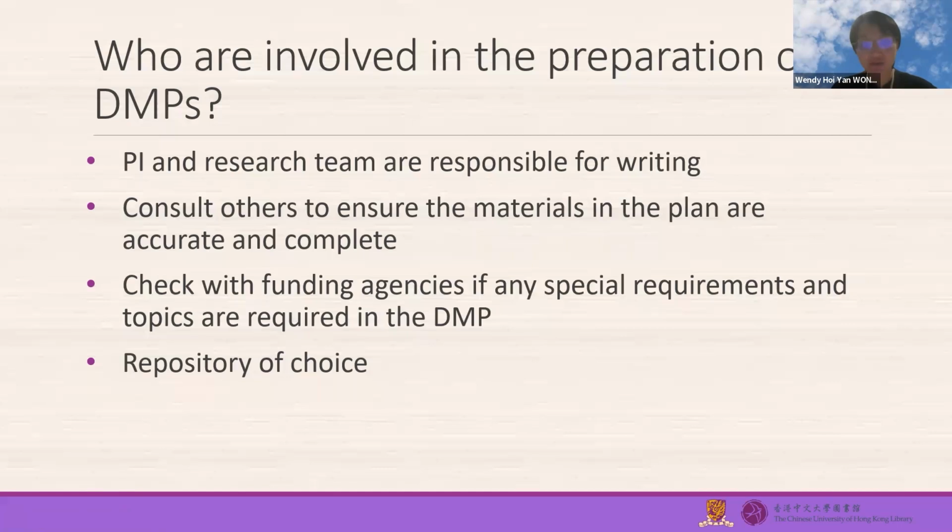So you have to check the funding agency's requirements. Not only for the data management plan writing stage, but also how you will manage your data or how you will deposit your data. You have to state all this information in the data management plan, and you have to check whether the funding agencies or your university has such a requirement on this.